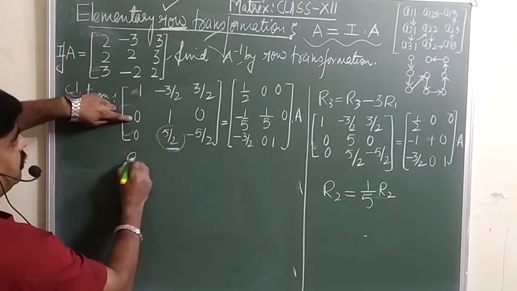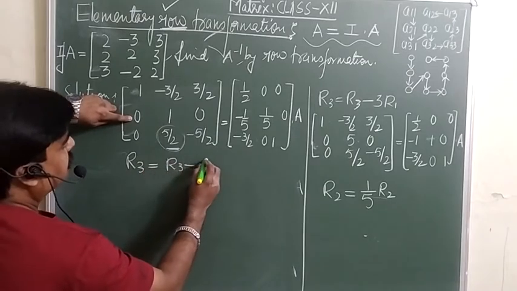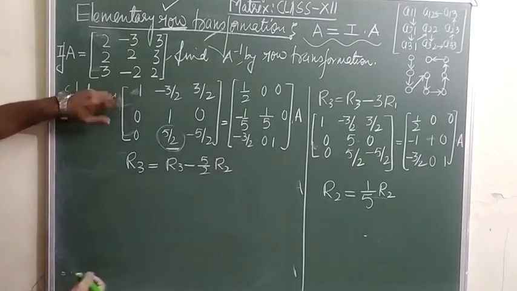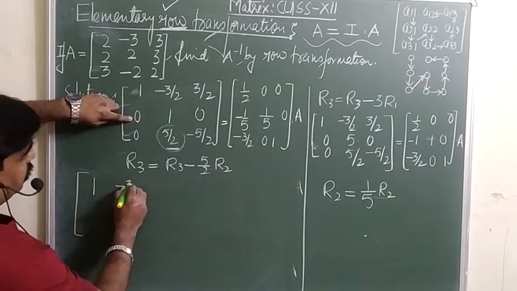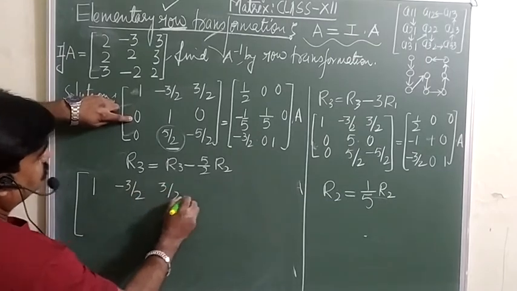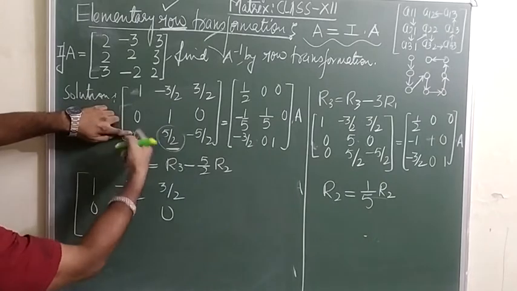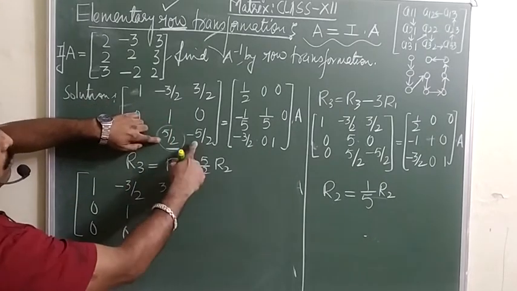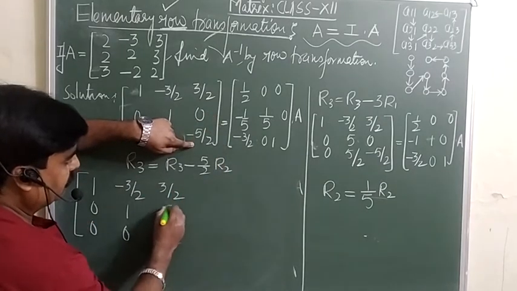Yes, that we can do. R3 is equal to R3 minus 5 over 2 times of R2 we are doing. So it will remain as it is, 1, minus 3 by 2, plus 3 by 2; 0, 1, 0. 0 minus 5 by 2 you will get 0, and this is also 0. Minus 5 by 2 minus this one, so it will remain the minus 5 by 2 as it is.